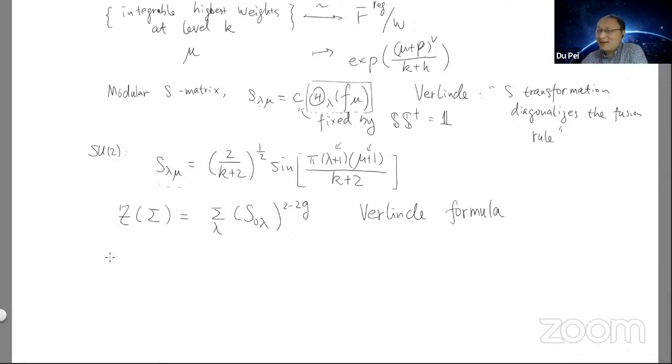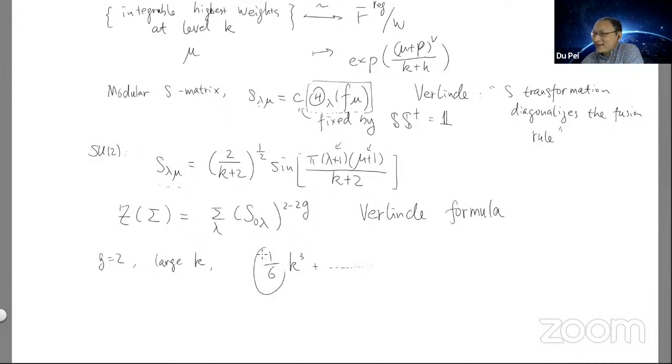In the case of SU(2) and g equals 2, if you take the large k limit, then you can again reproduce the leading coefficients. So recall that the Verlinde formula for genus equal to 2 at level k has this form.